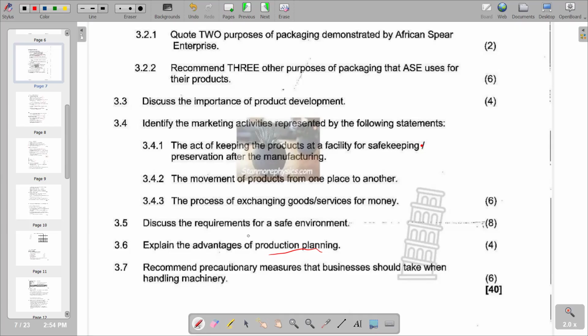So that's what we have in terms of production planning, whereby the processes and steps that are needed are put down so that the production goes well in a very good way. Basically, we are saying production planning maps the processes, the resources and the steps required in production. That is production planning. So what are the advantages of that?